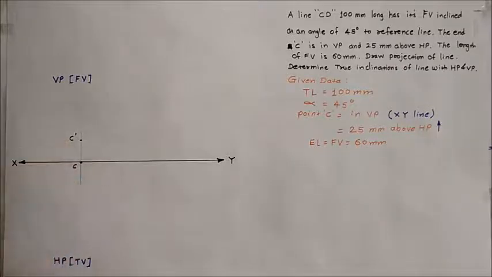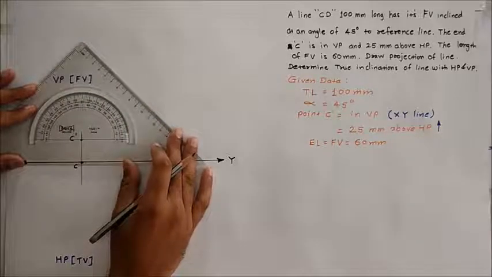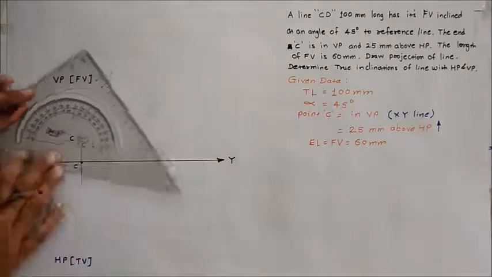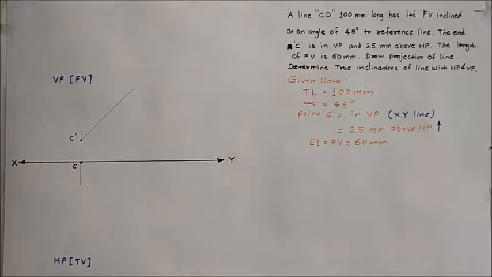So from point C dash, draw a line which is making 45 degree angle with the reference axis. On this line we have to mark the front view. So the dimension for the front view is 60 mm.